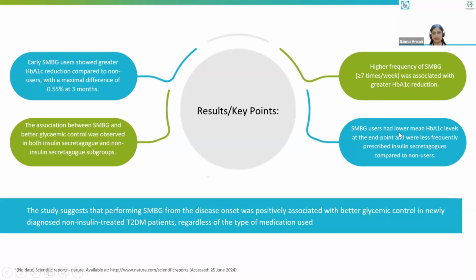The users had lower mean HbA1c levels at the endpoint and were less frequently prescribed insulin secretagogues compared to non-users. So this study suggested that performing SMBG from disease onset was positively associated with better glycemic control in newly diagnosed non-insulin-treated type 2 diabetes patients, regardless of the type of medicine used.